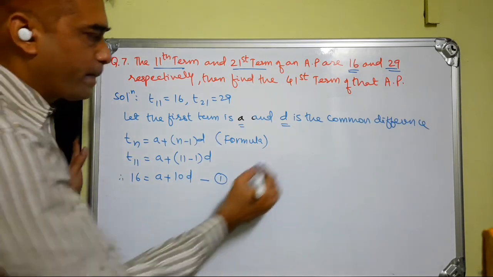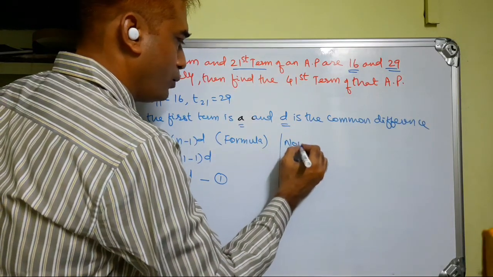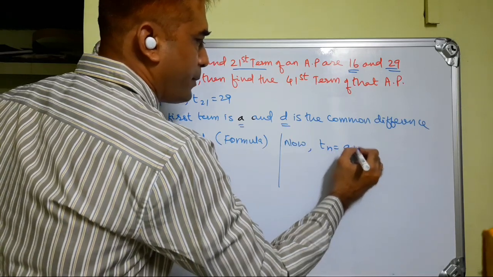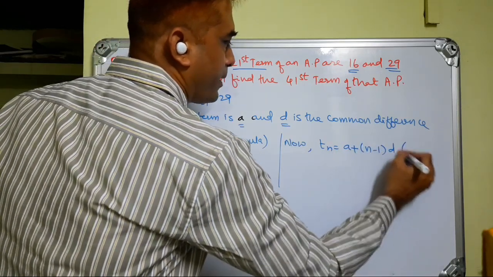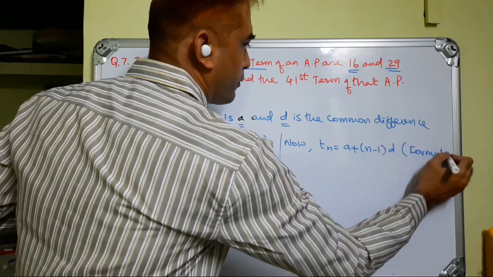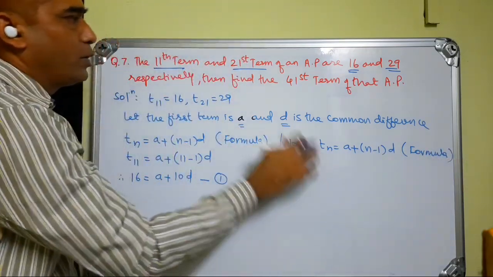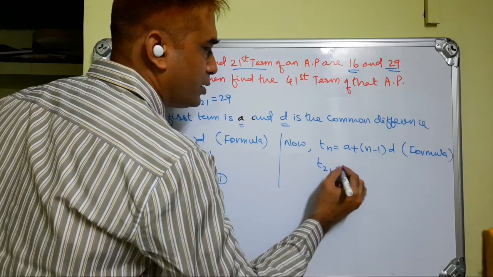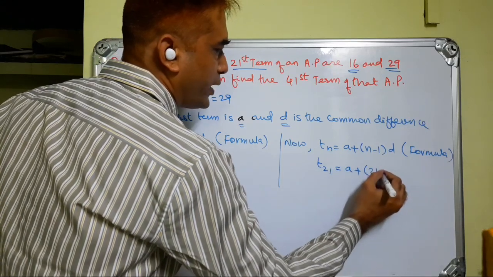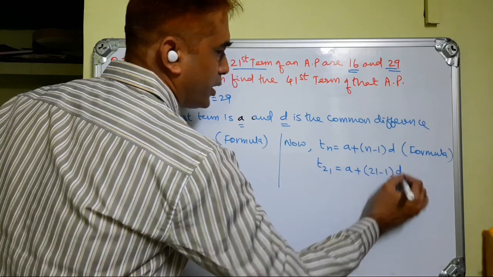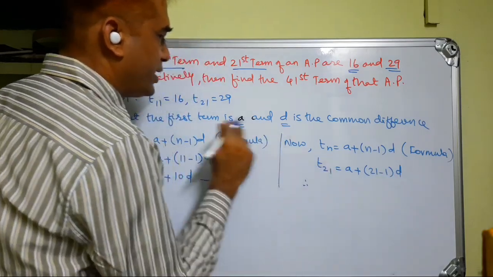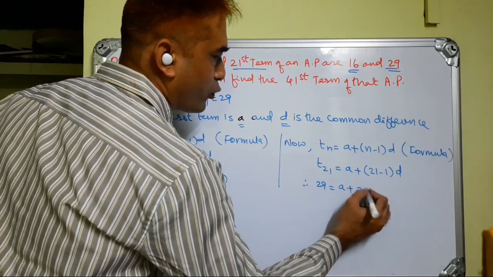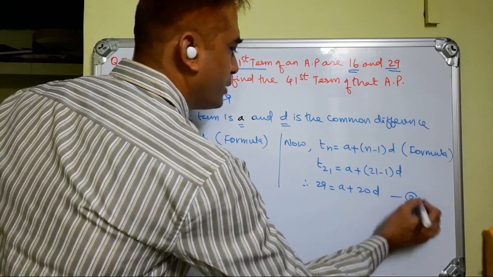Now again, Tn equals A plus (n minus 1) D. So the next term is T21. T21 equals A plus (21 minus 1) into D, and its value is 29. So 29 equals A plus 20D. This is equation number 2.